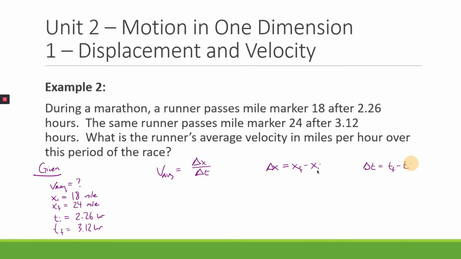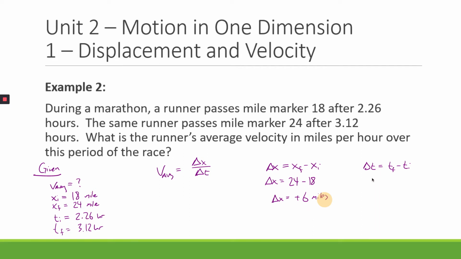These two formulas will let us solve for delta X and delta T. So let's do that first, because we can't do this until we have delta X and delta T. So delta X is going to be 24 minus 18. So my delta X is going to be a positive 6 miles. So during that period of motion, this runner ran 6 miles in the positive direction.